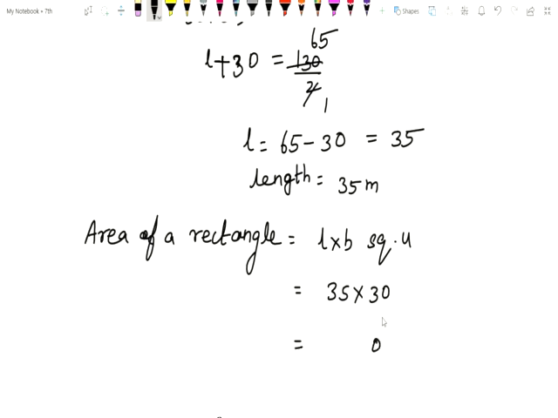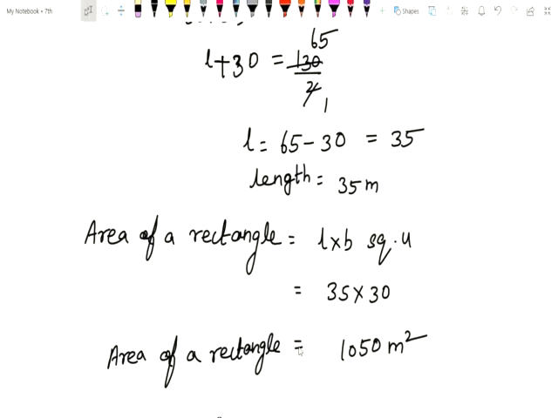Here 0 you just write as it is. 3 5s are 15, 5 remaining 1. 3 3s are 9, 9 plus 1 10. So 1050 meter square. So area of a rectangle equal to 1050 meter square. You understand, children?